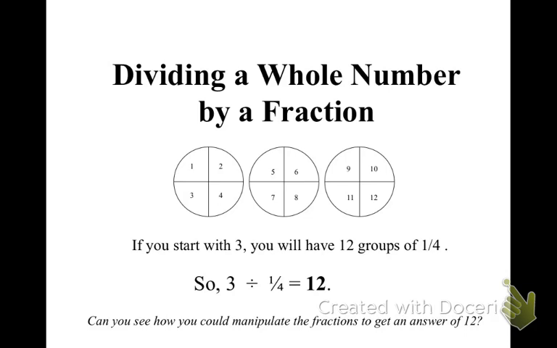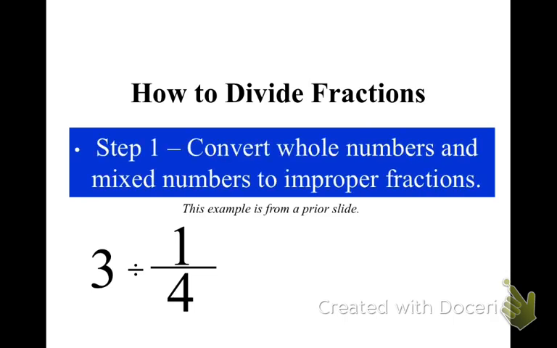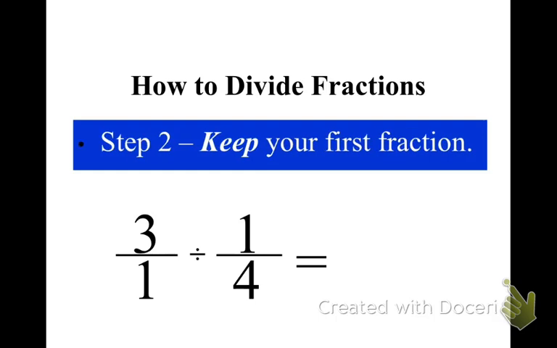Well, let's look at the steps, and let's write these down. So how to divide fractions. Step 1, convert all whole numbers and mixed numbers to improper fractions. This is our example from the prior slide. So we convert 3 to 3 over 1 first. Step 2, keep your first fraction.